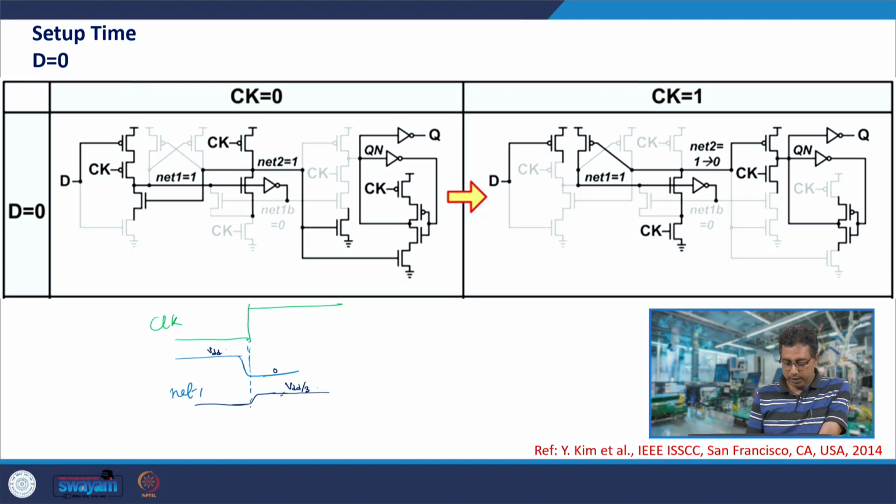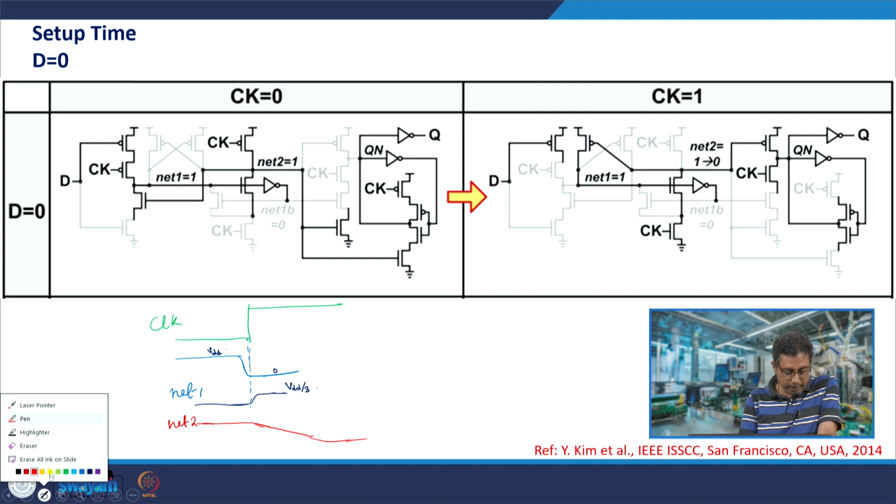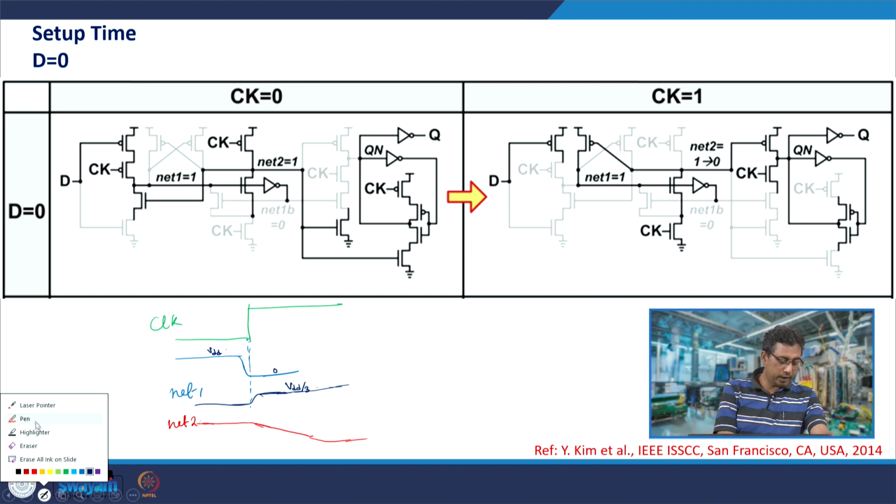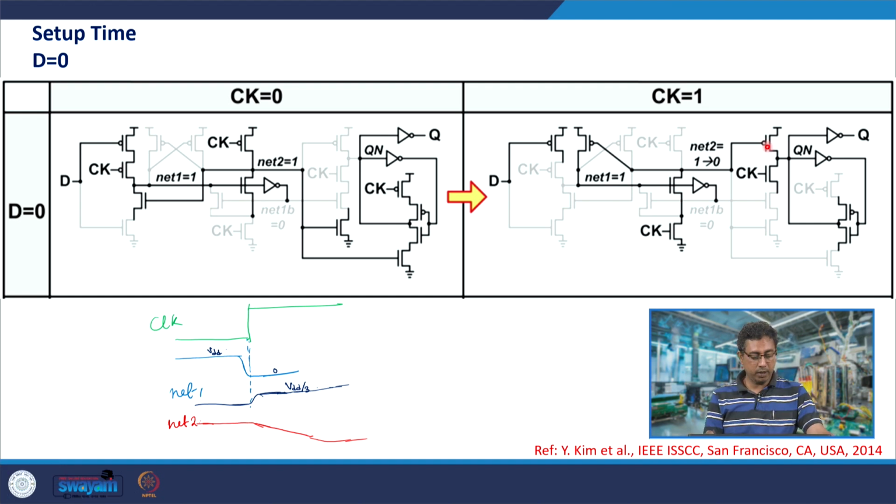It would nevertheless charge a little, but very slowly. Net 2 would also discharge, but it would discharge very slowly. And therefore, you would find that net 1 would also charge up very slowly, like this. So it may turn out that net 2 is discharging very slowly, and therefore this transistor does not turn on and Qn does not switch to VDD.